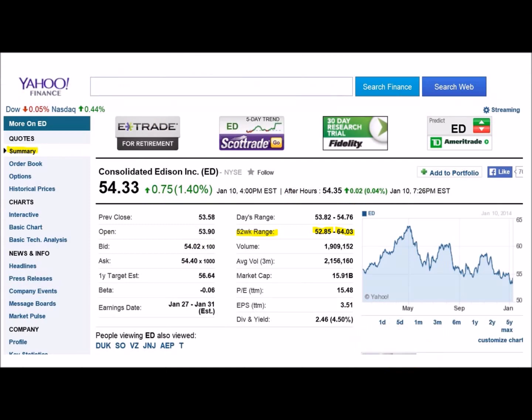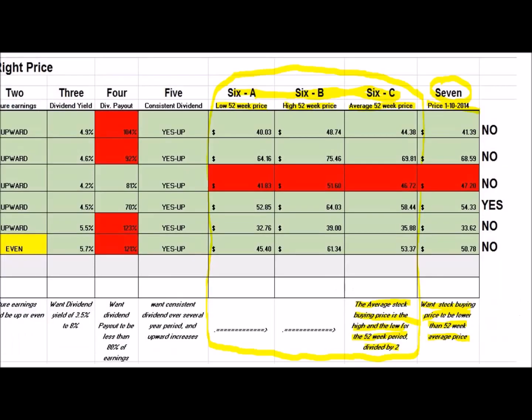Then we go back to the summary and we look at the 52-week range, and all we're looking at is the lowest price and the highest price during the 52 weeks. We take that information and go to columns 6A and 6B, and we put in the low price of 52.85 and the high price of 64.03.